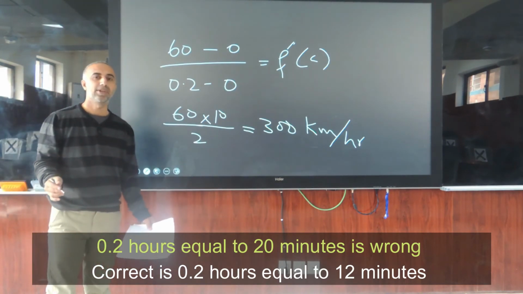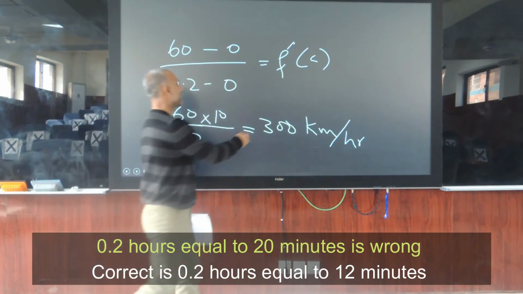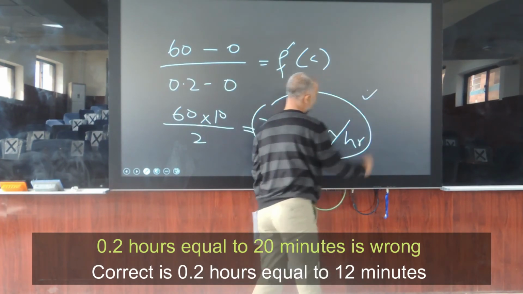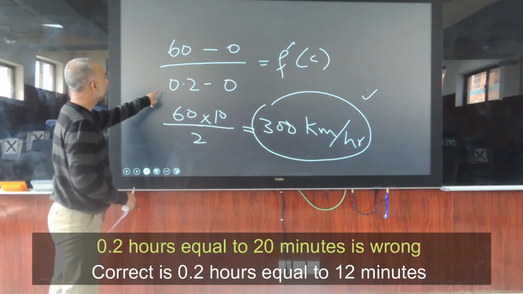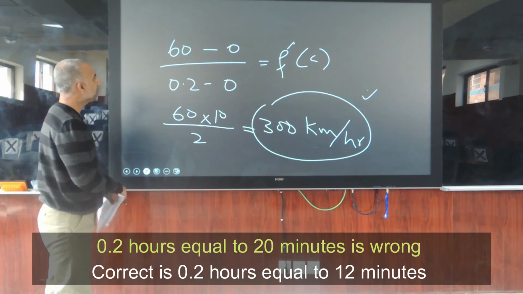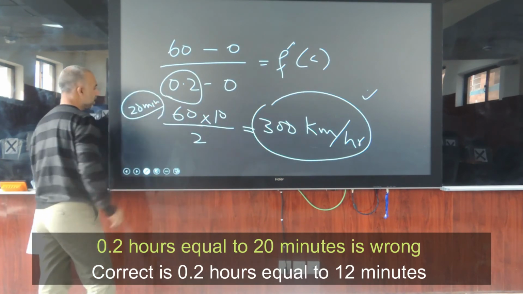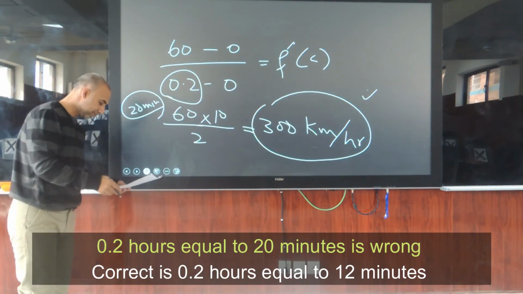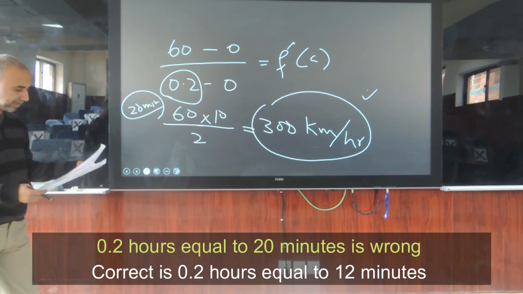At some point your car speed is touching 300 kilometers per hour, so the police put you on charge, or you are in trouble. Are you getting the point? You covered your distance of 60 kilometers in 20 minutes, so you are in trouble. I hope this helps a little bit in grabbing the concept. Thank you.